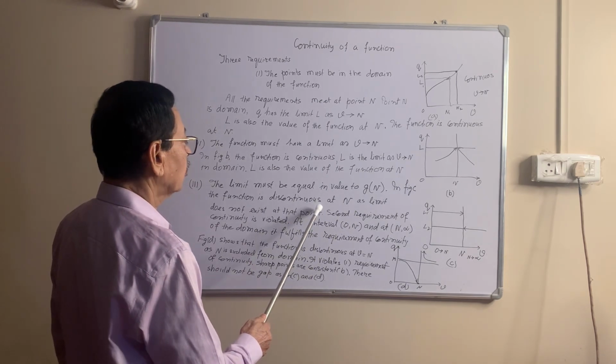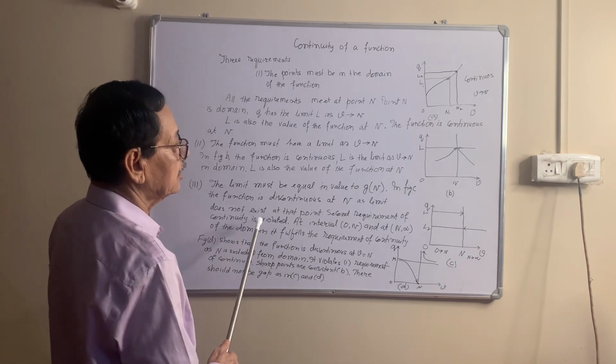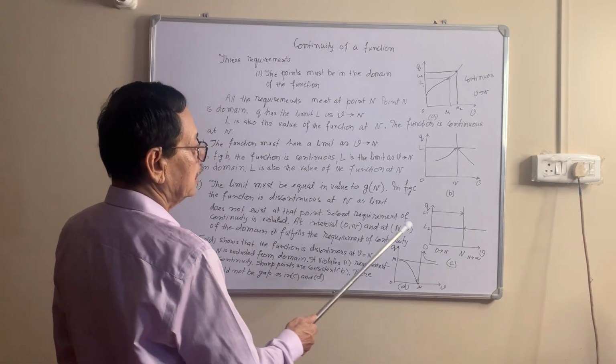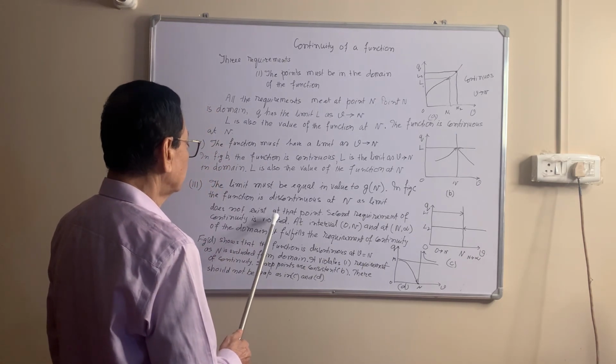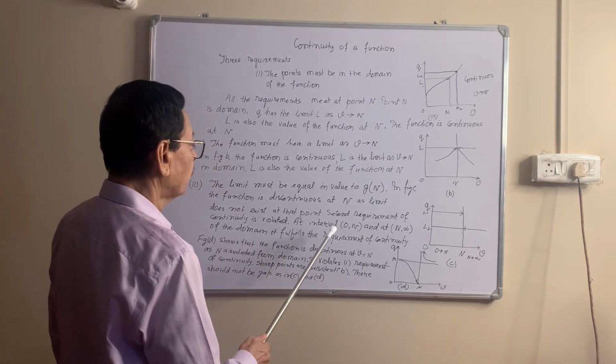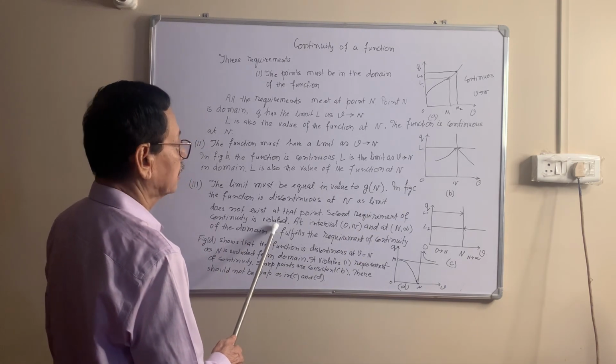The function is discontinuous at N as the limit does not exist. So in C, the limit doesn't exist at that point. The second requirement of continuity is violated.